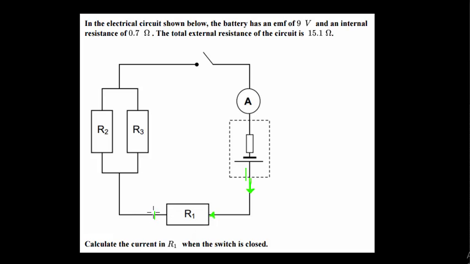Then it continues all the way to here, and then the current splits up into two branches. One part of the current goes through R2, one part goes through R3, and then the total current meets again at this point to come along. We notice that the switch is open.